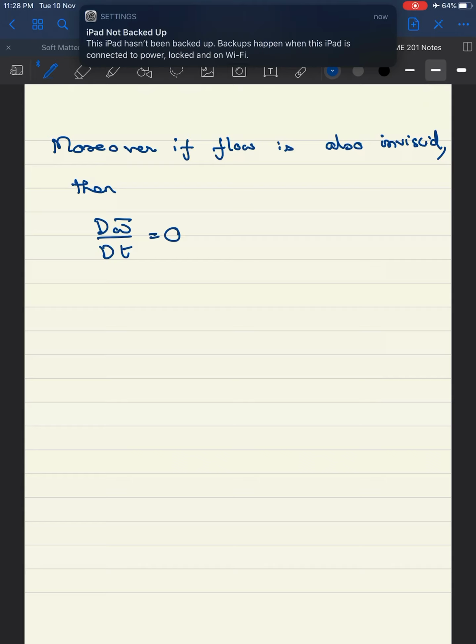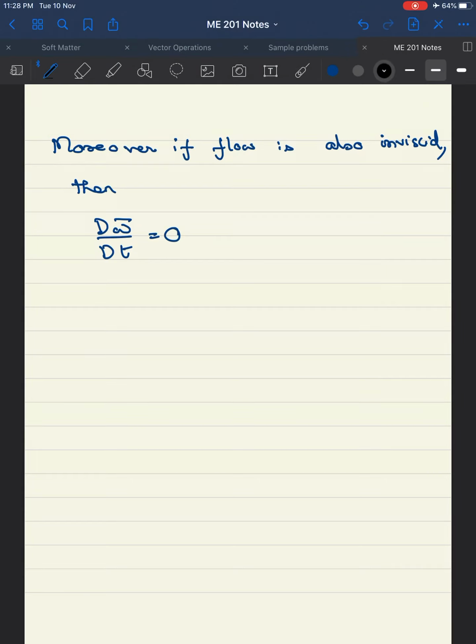That the vorticity remains constant for each fluid element. That's the implication of this. This implies that the vorticity remains constant for each fluid element.